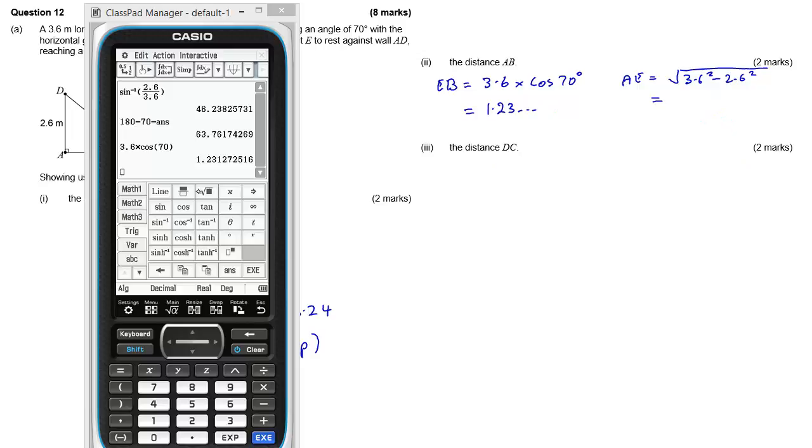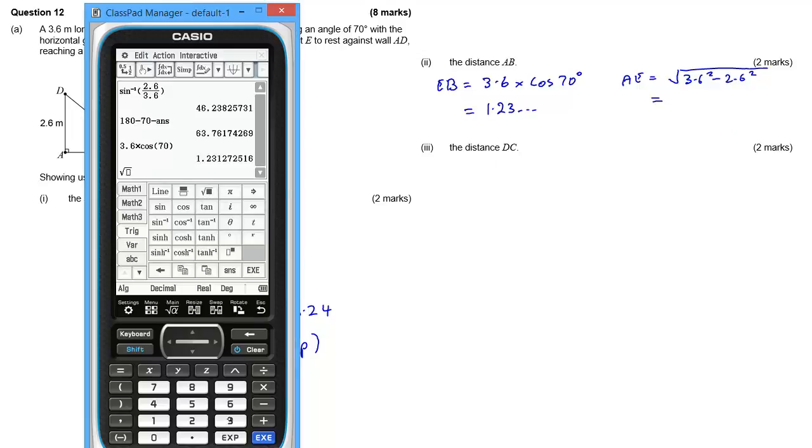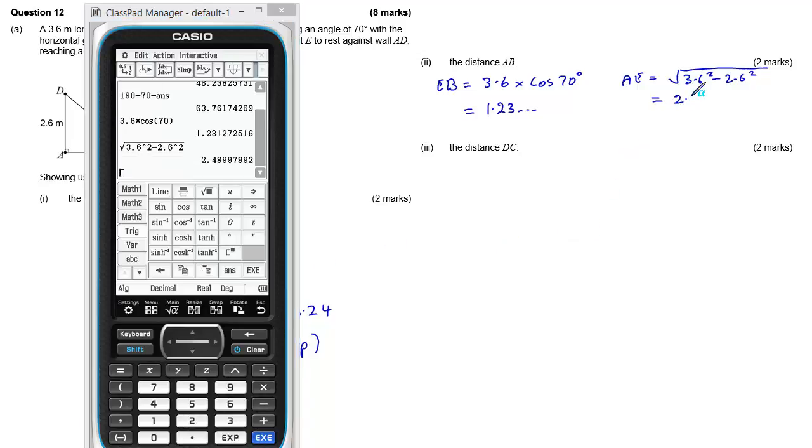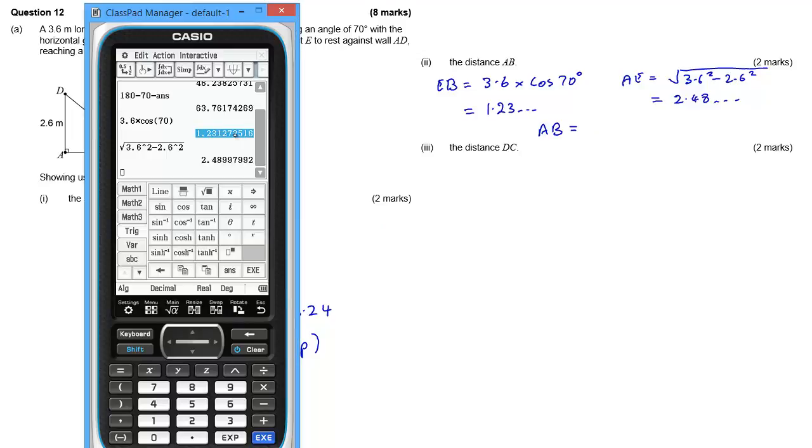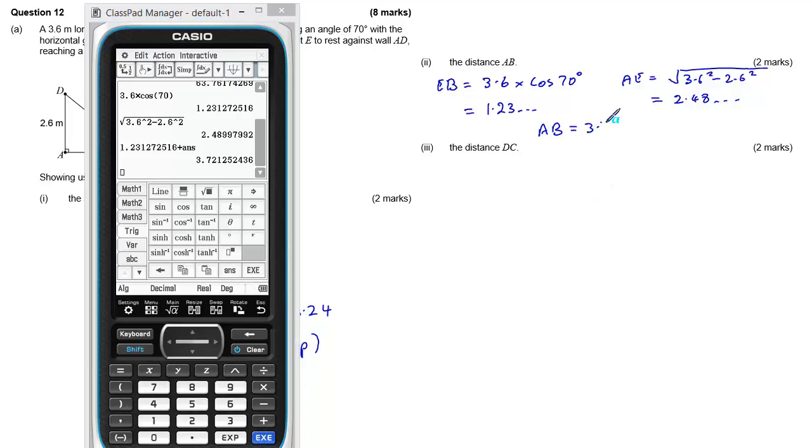And then we've got the square root of 3.6 squared take away 2.6 squared, and that's 2.48, and so on. And so AB is just going to be the sum of those. So it will be this one added to our last answer. So 3.72, and it's in meters to 2 decimal places.